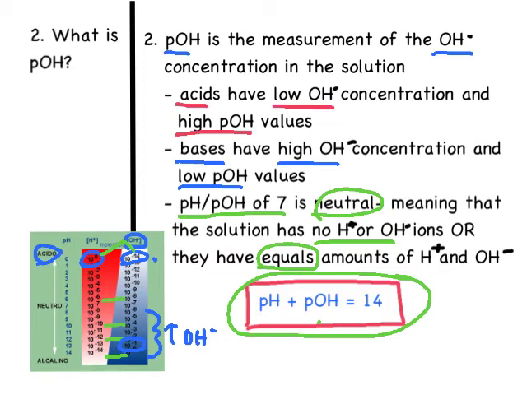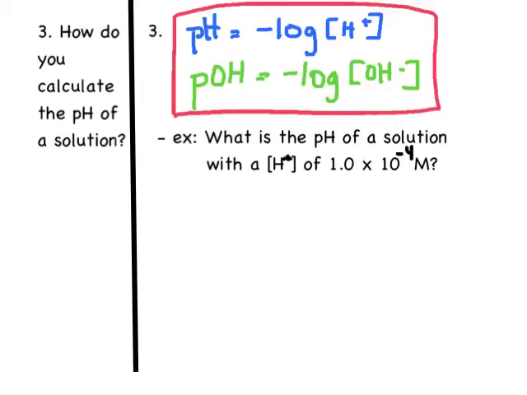Now let's see mathematically why we have those opposites for pH and pOH. Why does a low pH have such a high concentration of hydrogen ions, and a very high pH, like 14, have a very low concentration of hydrogen ions? This discrepancy has to do with how we calculate the pH of a solution.